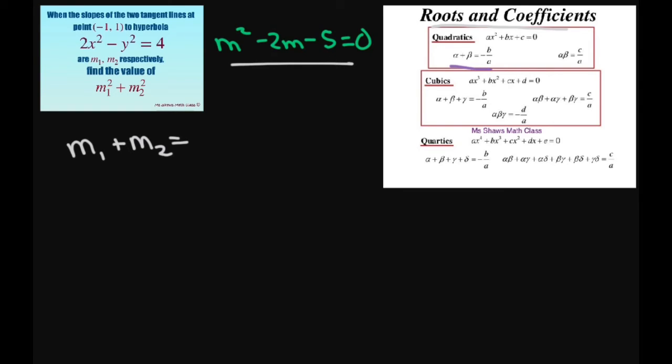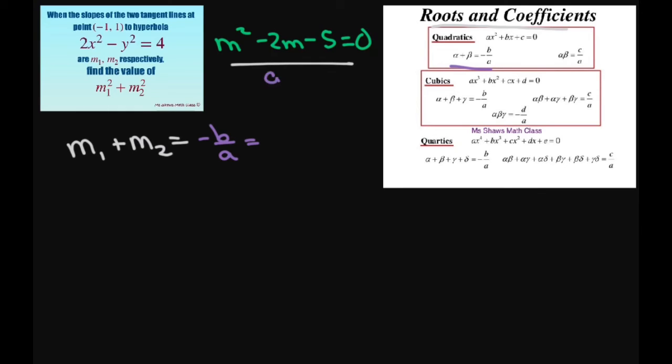We can't factor this, so let's look at that. We know that m₁ + m₂ equals, since they're the roots, -b/a.